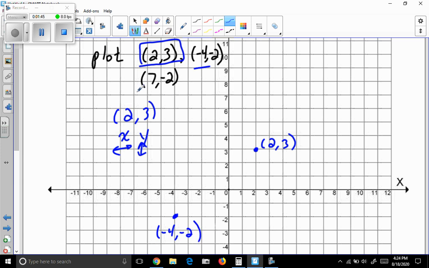And then (7, -2). In the X direction, we're positive, so positive is to the right. In the Y direction, we're negative. That would be down. So we're to the right 7, down 2. So we won't go into any more detail than that because most of you've been doing that part for years.